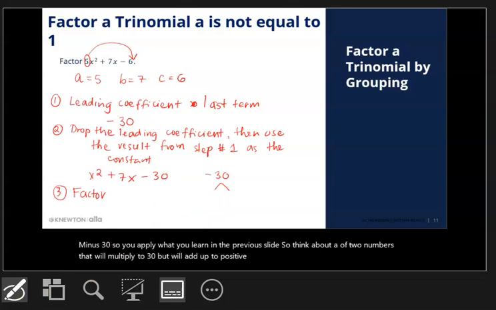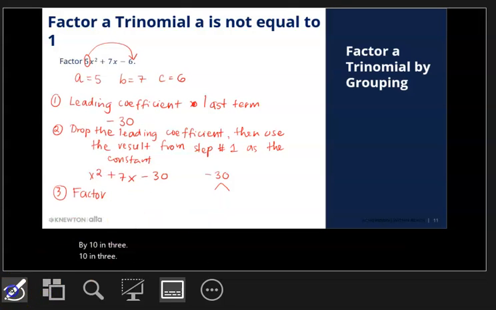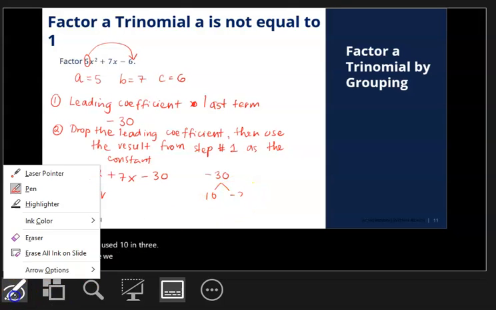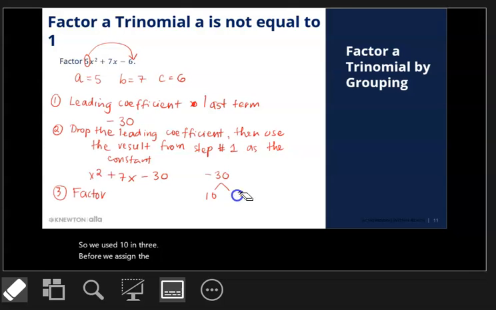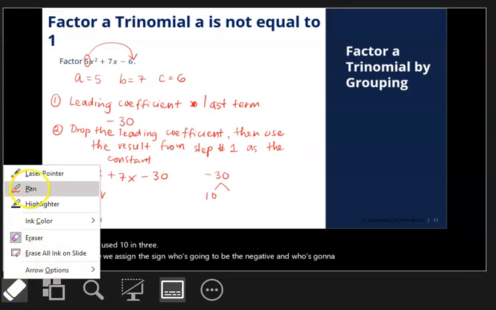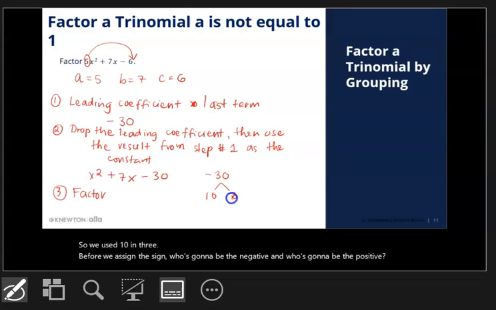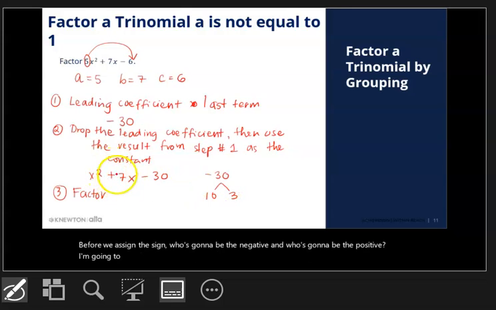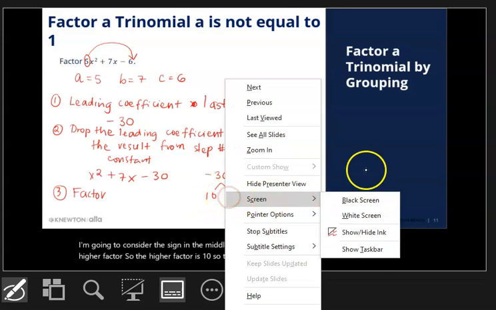So I'm thinking about 10 and 3. Before we assign the signs, who's going to be the negative and who's going to be the positive, I'm going to consider the sign in the middle, which is positive, and this positive will go to the higher factor. So the higher factor is 10, so that means the 3 must be negative.